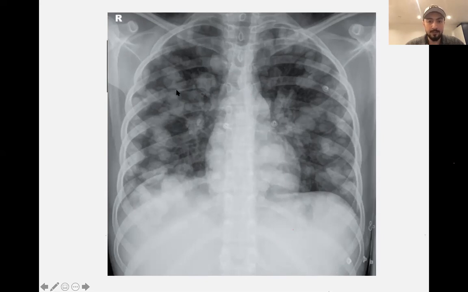And this is called coin lesion, which basically means it looks like a coin. That's why they called it coin lesion. And that is caused by, again, lung cancer metastasizing everywhere. That's why you see many coin-like lesions across the lungs. So this is, again, a very bad prognosis.